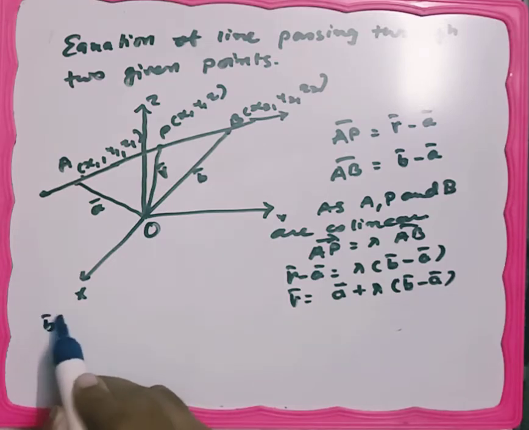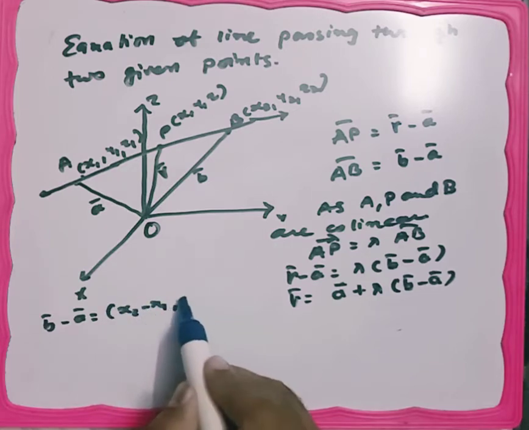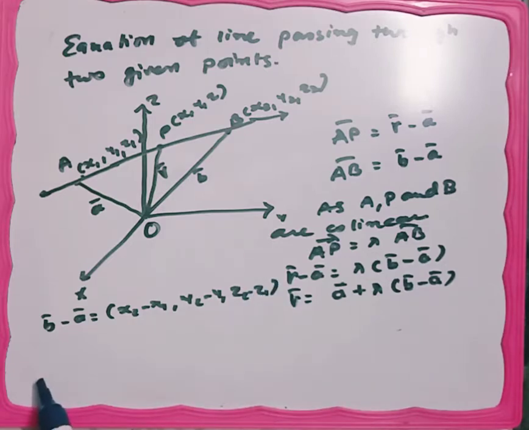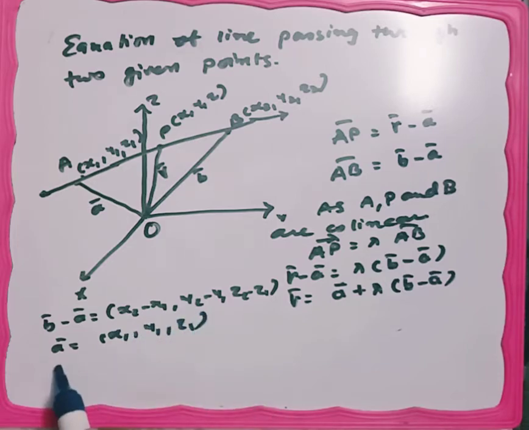So b bar minus a bar we can write as x2 minus x1, y2 minus y1, z2 minus z1. And a bar we have x1, y1, z1. R bar we have x, y, z.